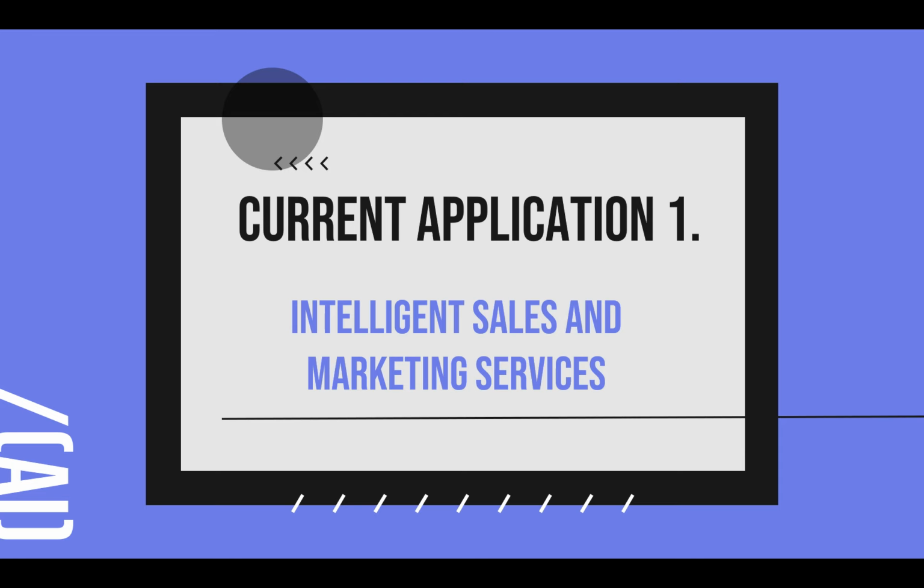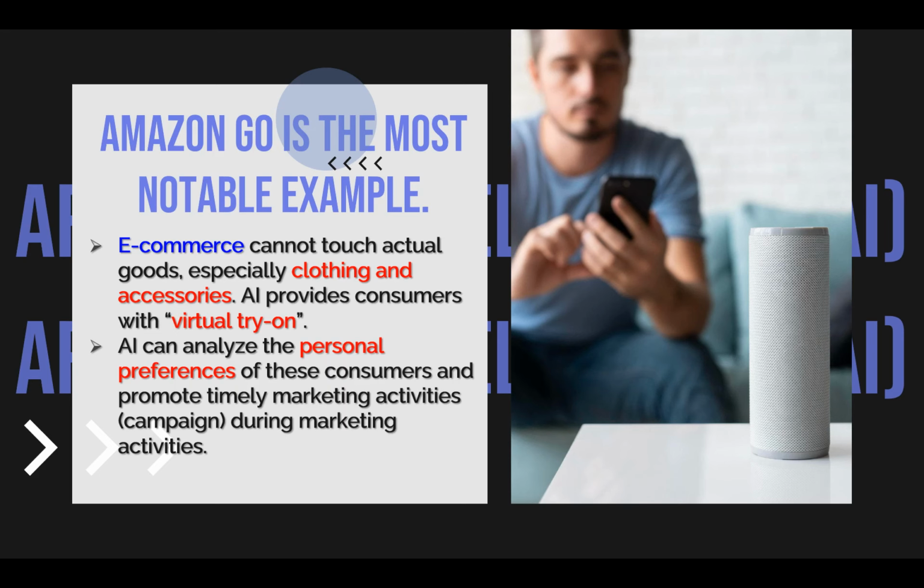The intelligent sales and marketing service is under current application 1. The most famous is Amazon Go, and actually Amazon Go is the number 1 thing for e-commerce.